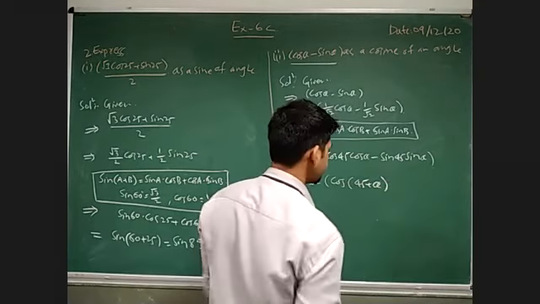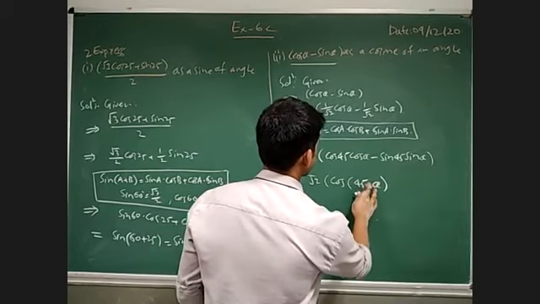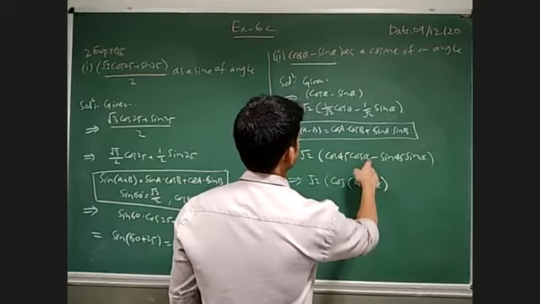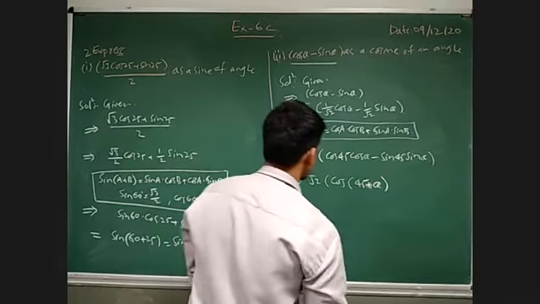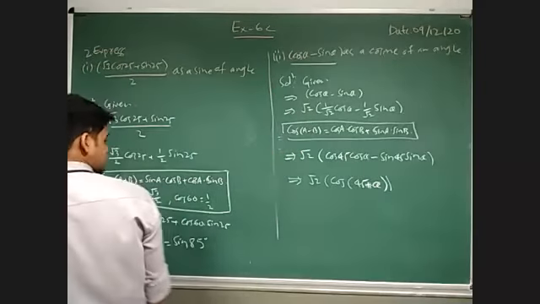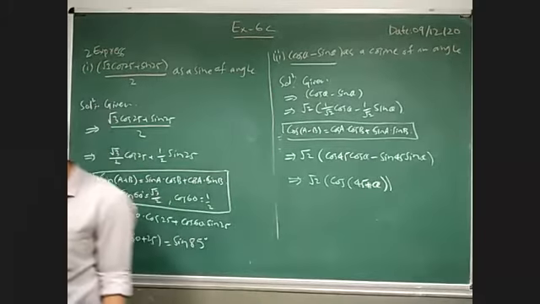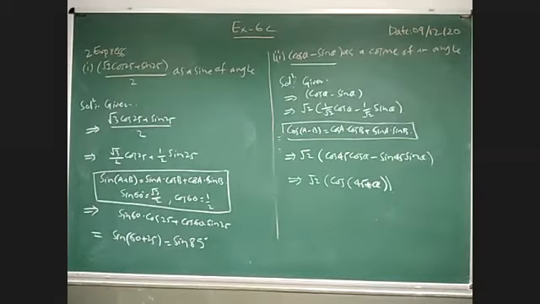Sorry, here it is minus, then here it will be plus. So root 2 cos 45 plus theta. This is the answer. Just take the screenshot.